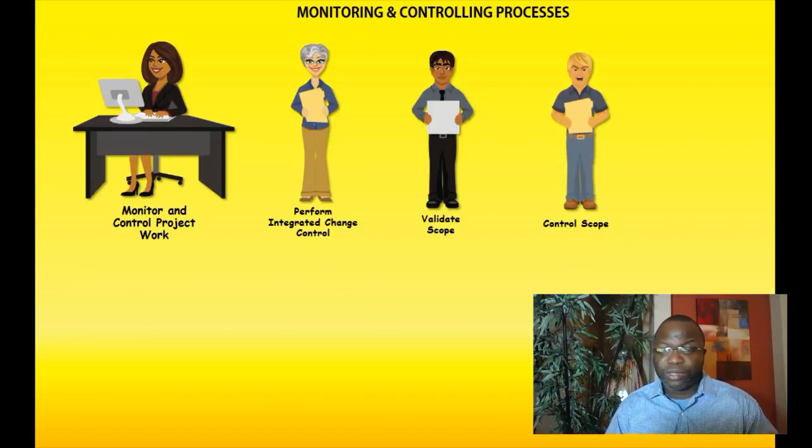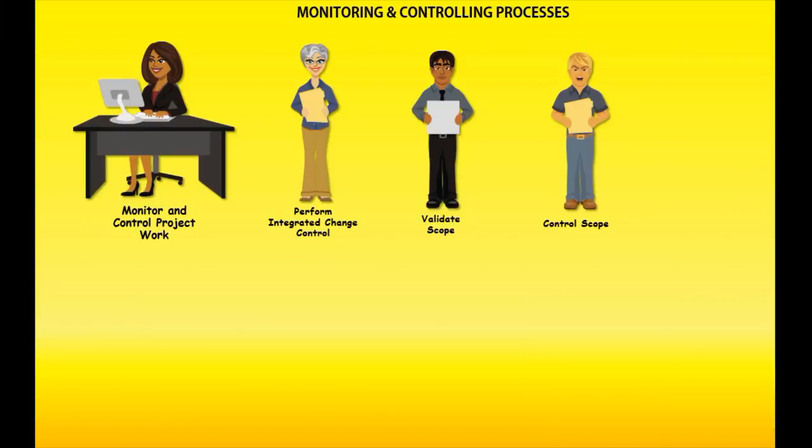control scope. In control scope, the project manager is involved in controlling the project from being gold-plated. What do I mean by gold-plated? Gold-plating is adding extras that are not requested, that are not asked for by the customer. But some people with bright ideas on the team decide to become Superman. They suffer from the Superman syndrome maybe, and they decide to try to look good by adding extras.